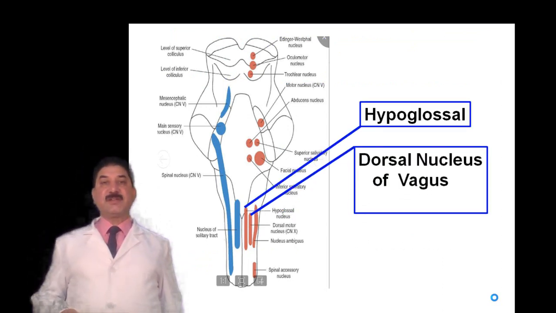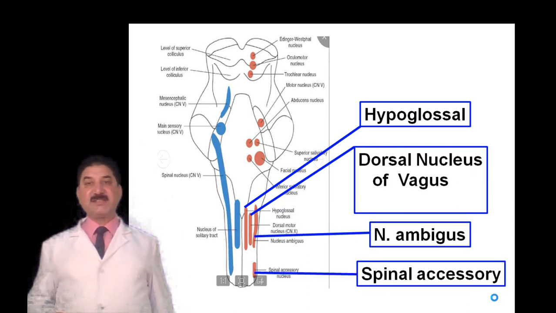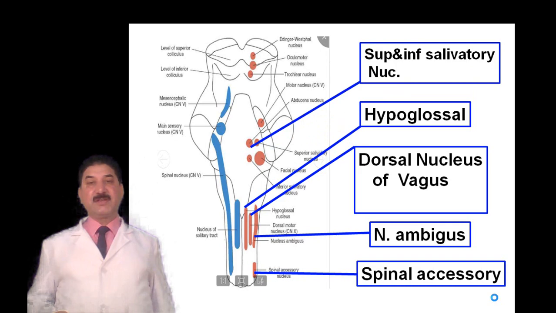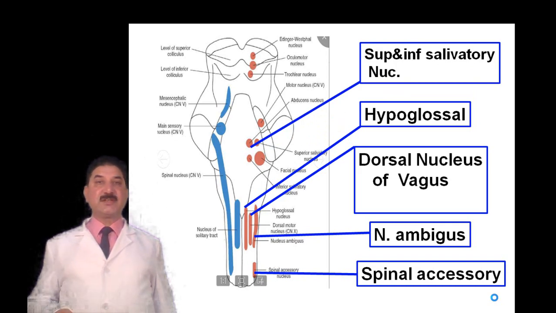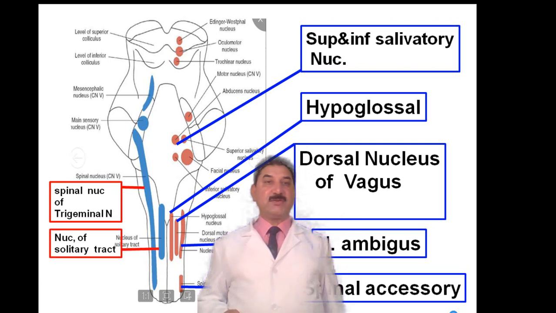The nuclei which are present in the medulla are the hypoglossal nucleus, dorsal nucleus of vagus, nucleus ambiguus, spinal accessory nucleus, and also the superior and inferior salivatory nuclei. We also find the spinal nucleus of the trigeminal nerve and the nucleus of the solitary tract in the medulla oblongata.